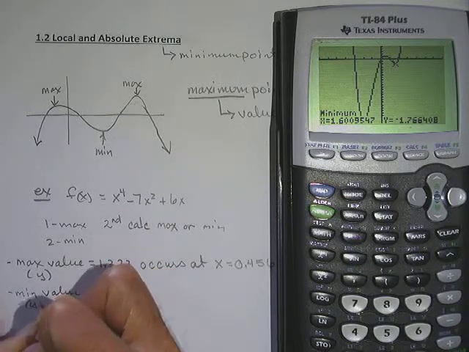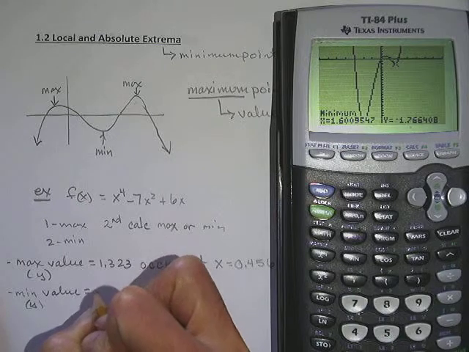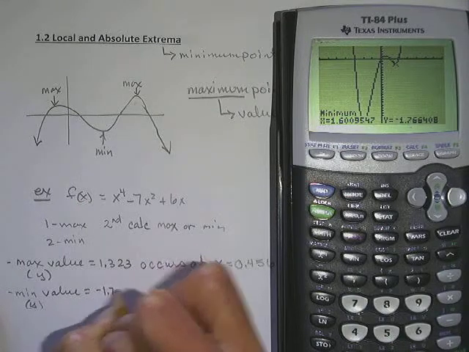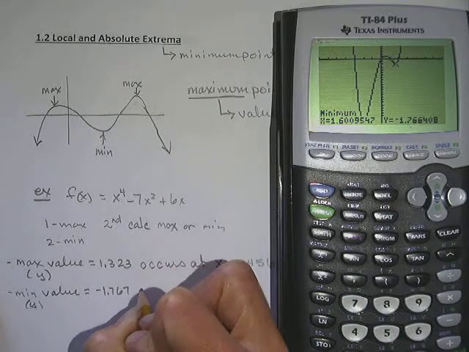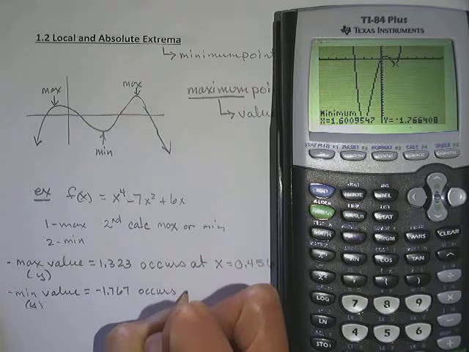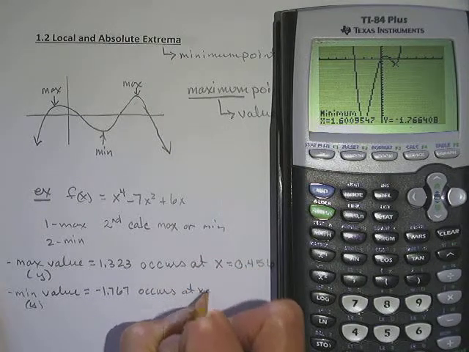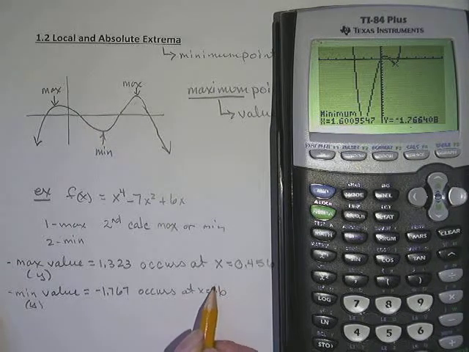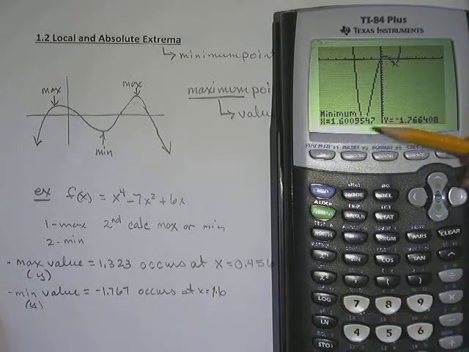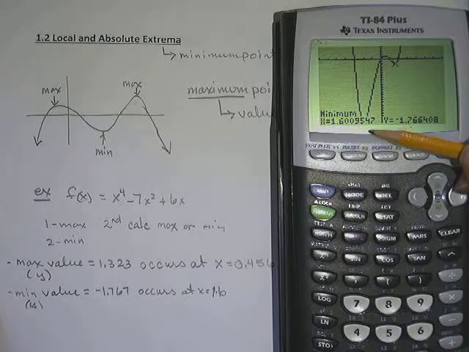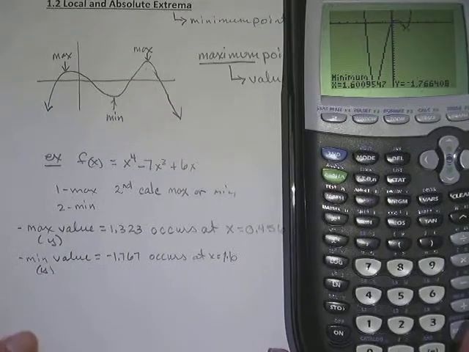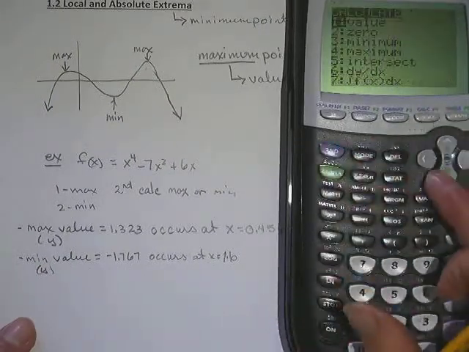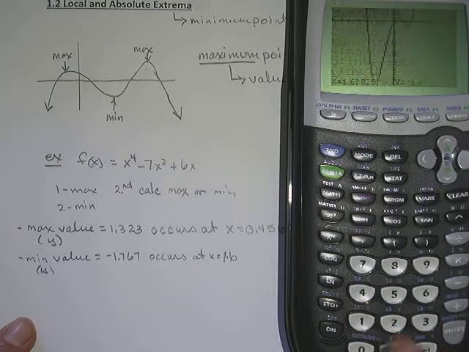You push enter and enter again. And you have a min value. Again, it's a y value, equals negative 1.767. And it occurs at x equals 1.6.